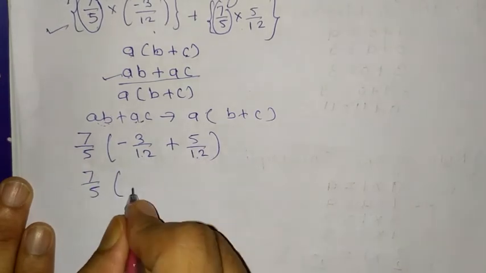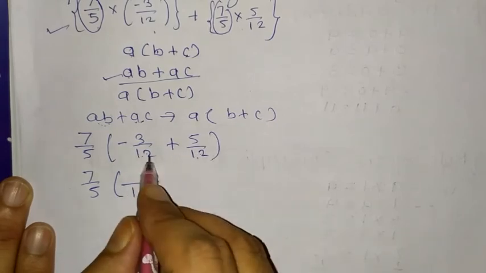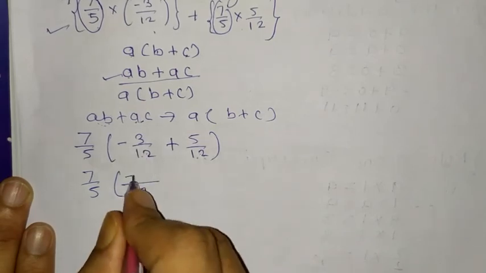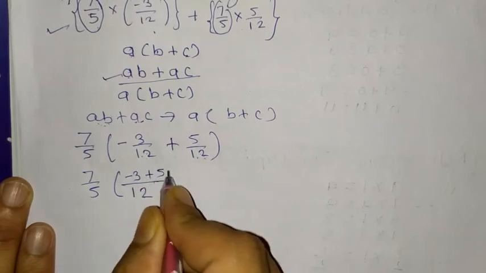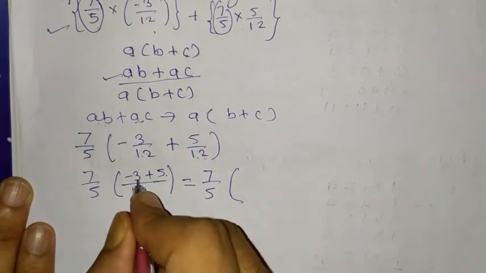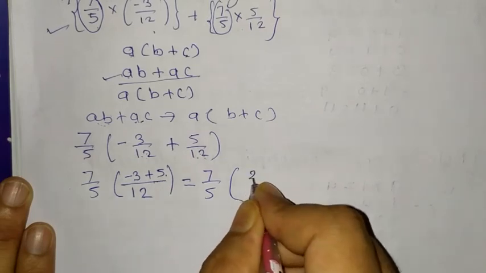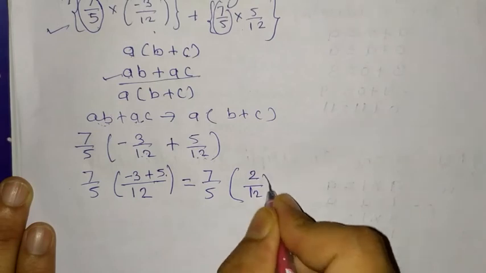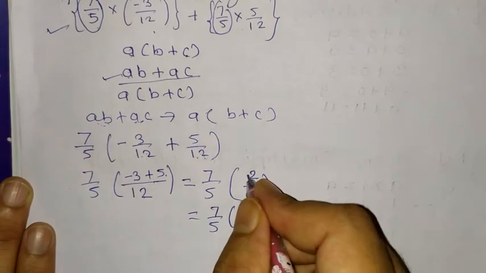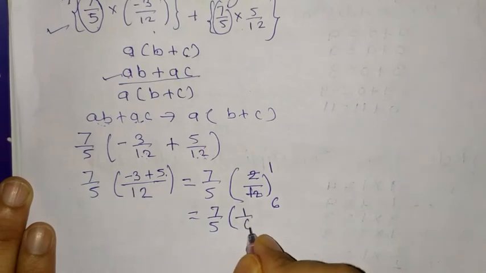And the next step, we write as it is. Here 12 is common, so we take 12 in the denominator because both denominators have the value 12. Then in the numerator, addition is there, so minus 3 plus 5 becomes 2. So it is 7 by 5 into 2 by 12. 2 by 12 means 2 into 6 is 12, so it is nothing but 1 by 6.